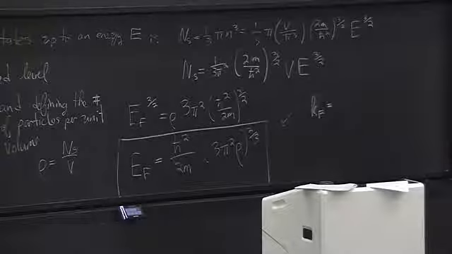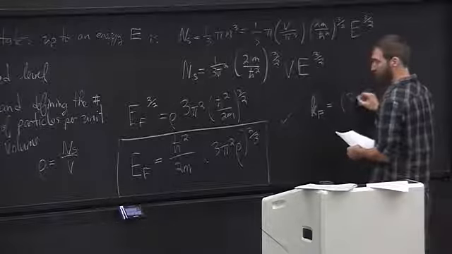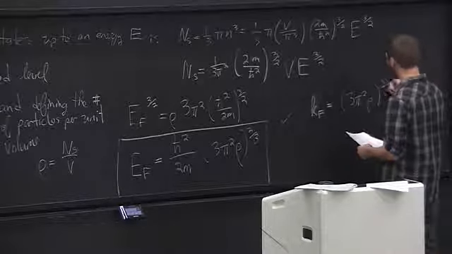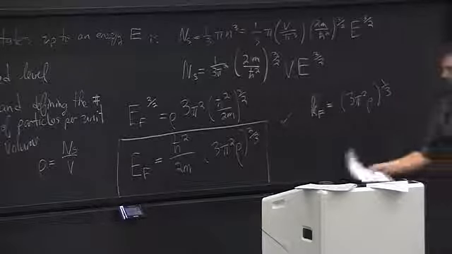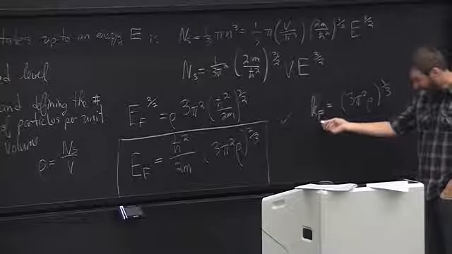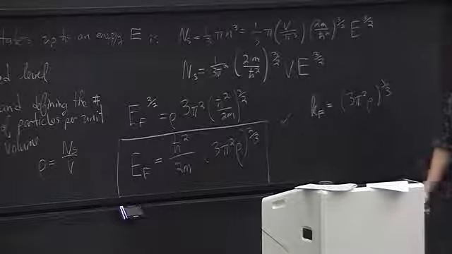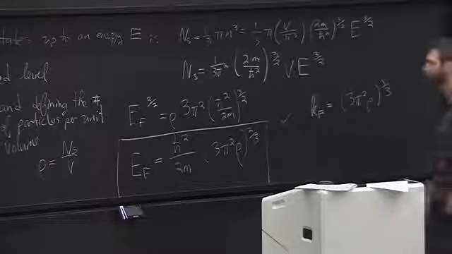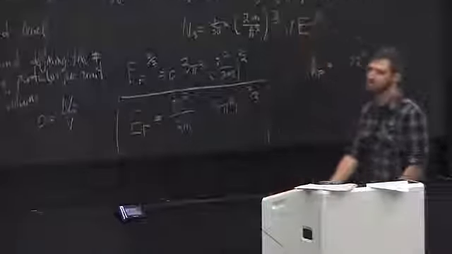So the wave vector associated with the Fermi surface, or the Fermi energy, is just this 3 pi squared rho to the 1/3. That's the thing you square. And again, just because it's one special level, it's only one wave vector. It's labeled with this F. Okay, does that make sense? Just nomenclature, sort of.